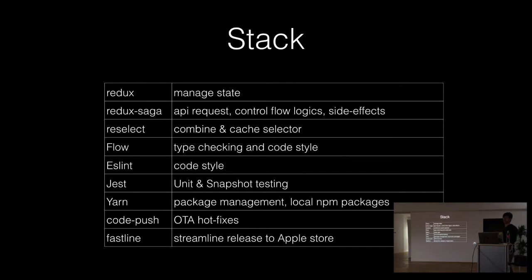But you shouldn't really abuse it, because Apple App Store is really strict about these kinds of things. And then Fastlane streamlines release to the App Store, so it manages the certificates, builds the APK, and pushes to the Apple Store for you. This is something that we're really happy about. We have set it up.